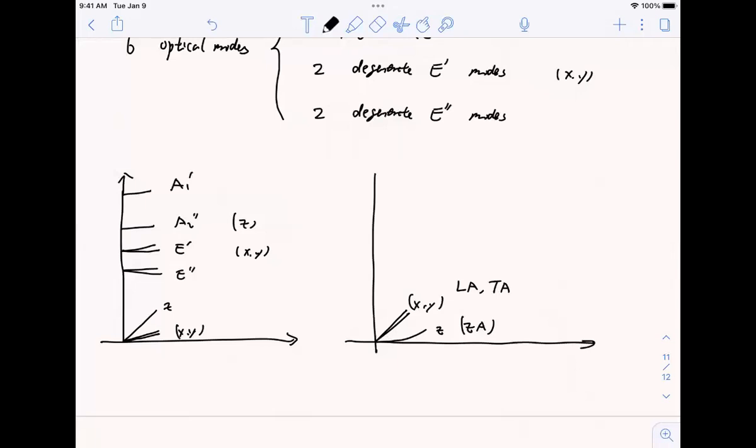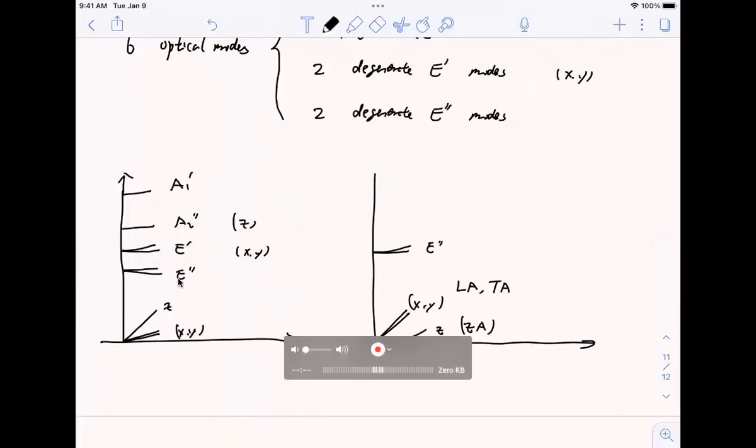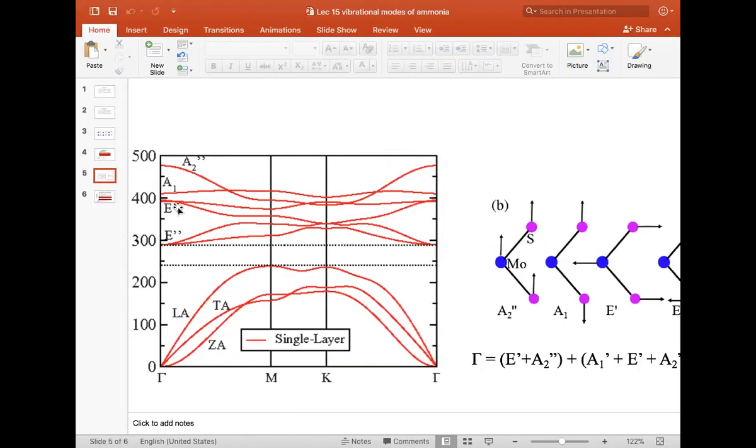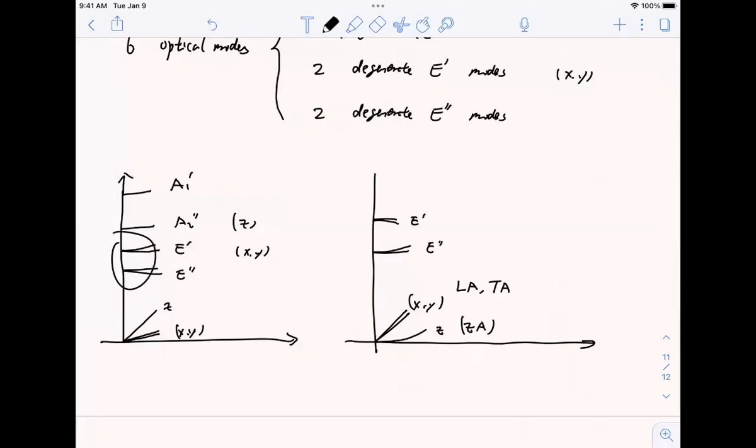Okay. So now let's look at this structure, E double prime. So he has an E double prime here. I look at my prediction. I do have an E double prime, looking like that. Okay. And then you go up, you have an E prime, degenerate. I also have this one. Okay, I guess correctly.